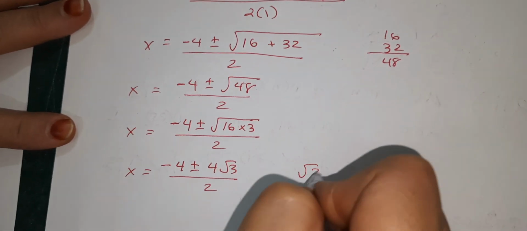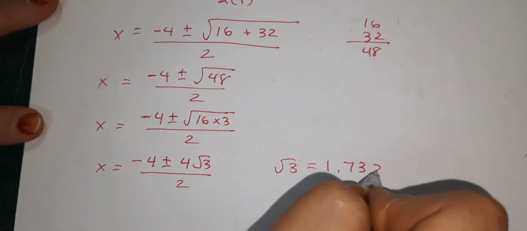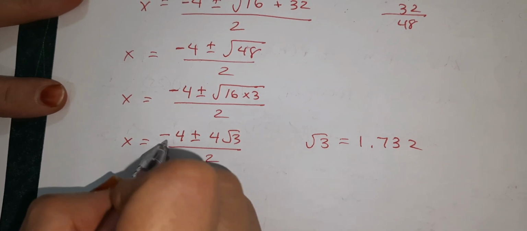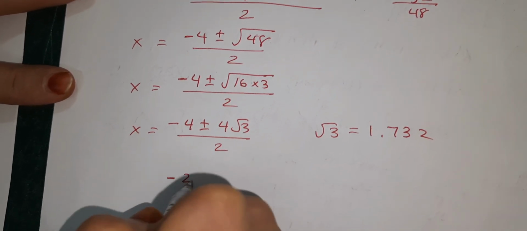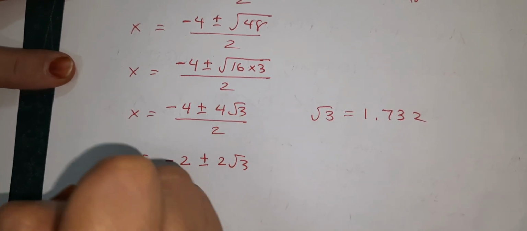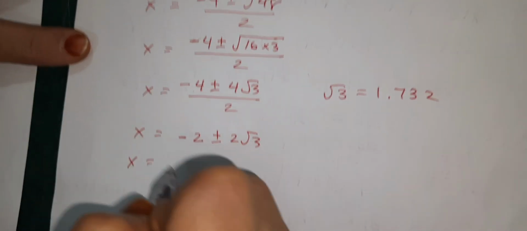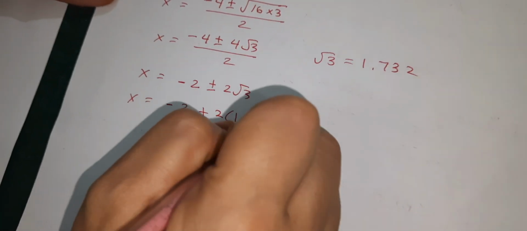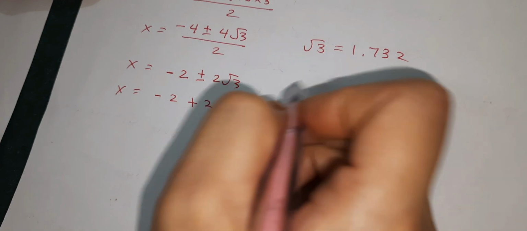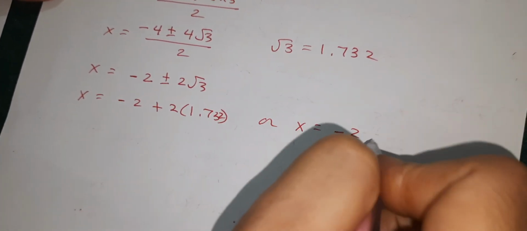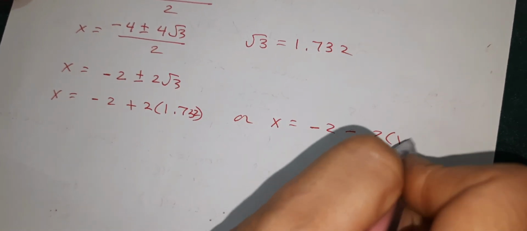And we should know the value of root 3 is 1.732. Now we can divide everything by 2 as well. So minus 4 divided by 2 is minus 2. Plus or minus 4 divided by 2 is 2. So let's plug in the value. Minus 2 plus 2 into 1.732, or x is minus 2 minus 2 into 1.732.